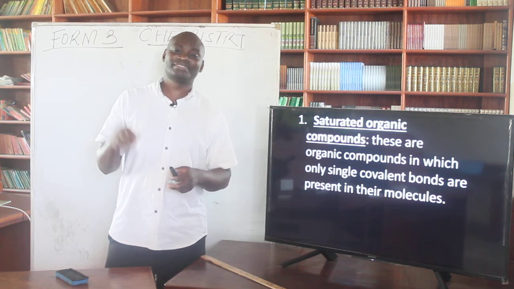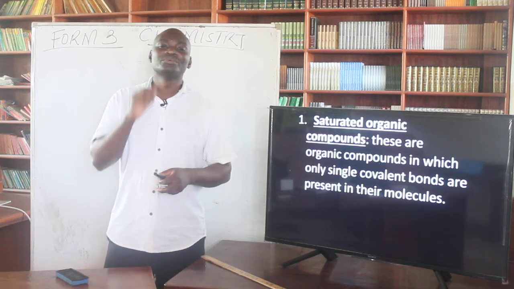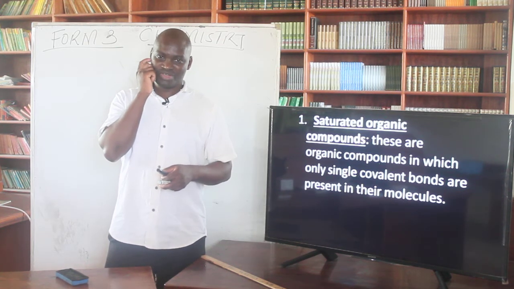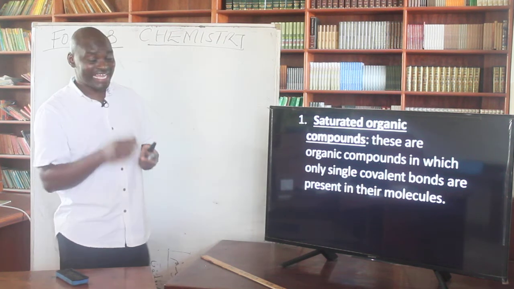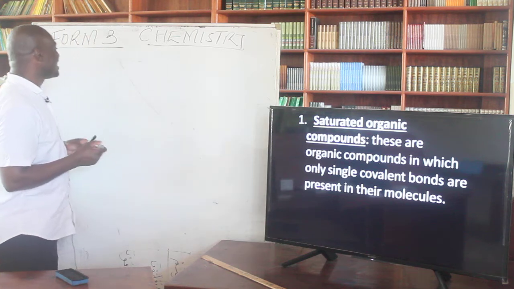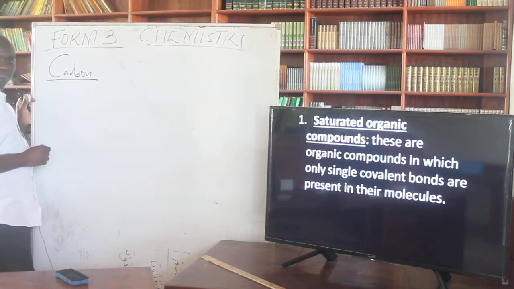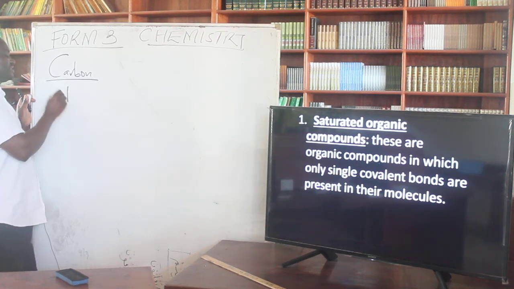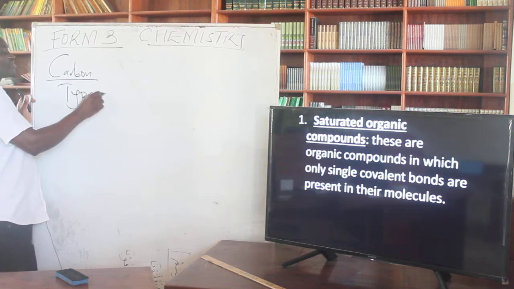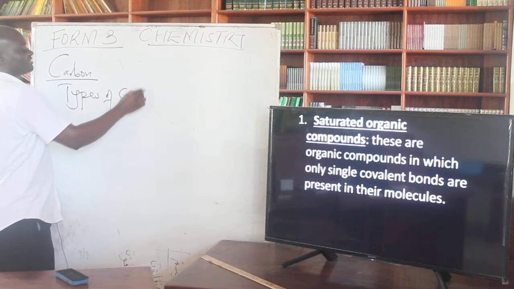If you recall last time, the last lesson, we talked about the types of covalent bonding. We said that carbon is unique in that carbon can form 3 types of covalent bonds.